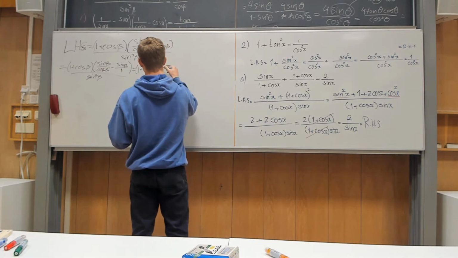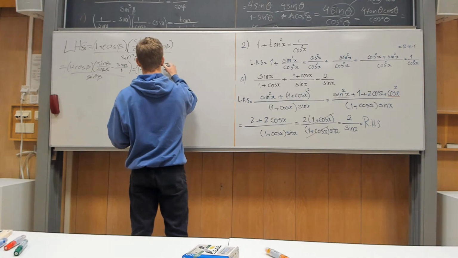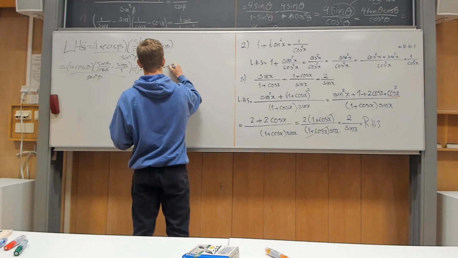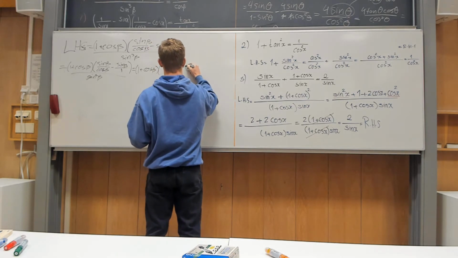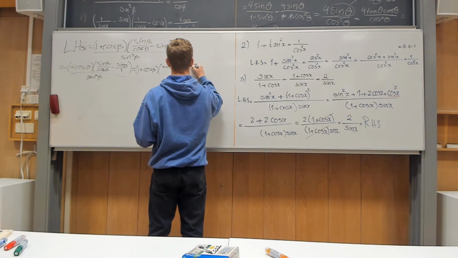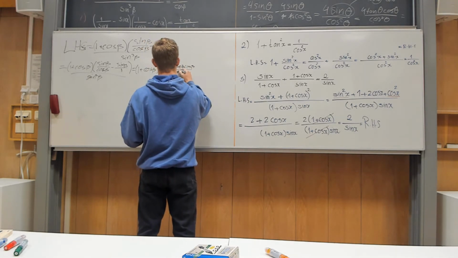But then I have to multiply these two as well. So sine of b minus sine of b times cosine of b, and divided by cosine of b.